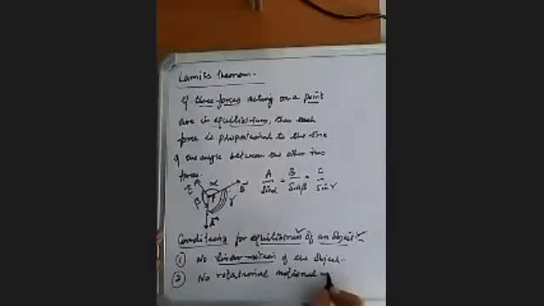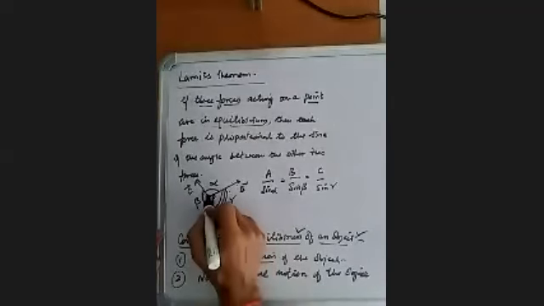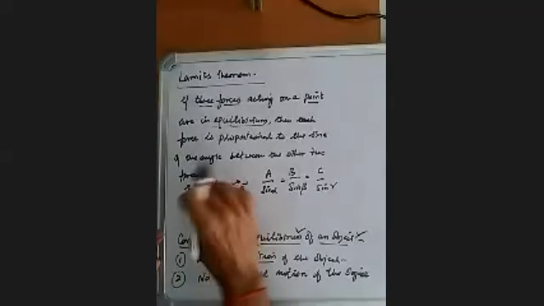Okay, second is there is no rotational motion. So no linear motion as well as no rotational motion of the object. This is an object, it does not rotate at this position.